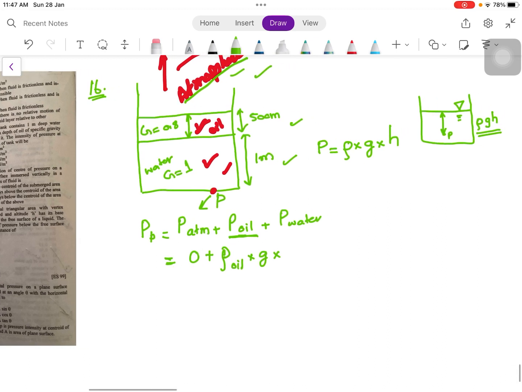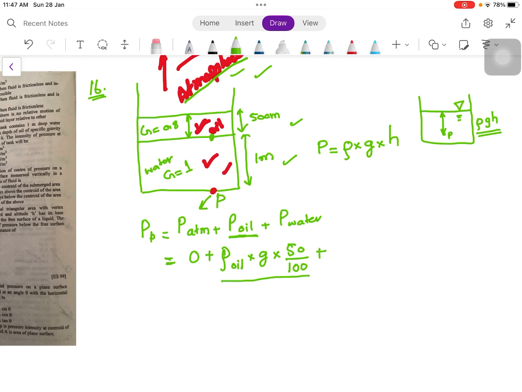The depth of this layer is 50 centimeters or 50 upon 100 meters. All right, so when you write this equation, we have found the pressure at the bottom of this layer. So the pressure at the bottom of the oil layer is the density of the oil times the acceleration due to gravity times the depth of this layer of oil.